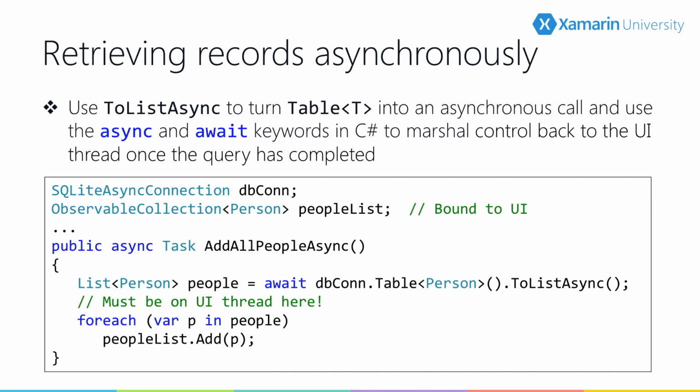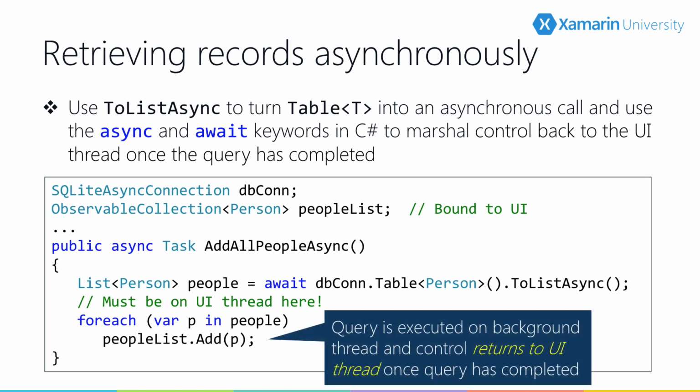However, this is not busy waiting. Instead, the execution returns to the caller. That means the caller, which in our case is some method on the UI thread, is able to do other things until the result is available. As soon as the result is there, execution will be picked up in the next line. In this example, that's our foreach statement.